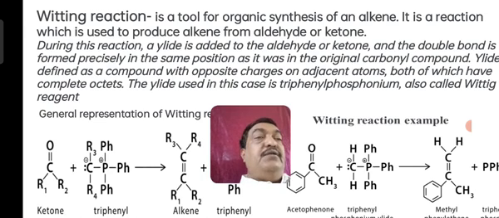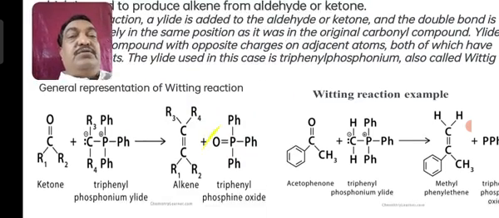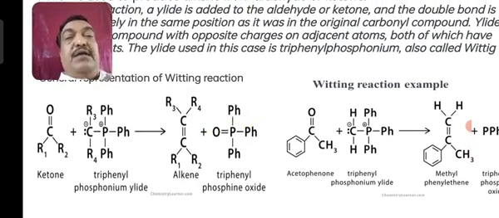Then what happens? The removal of oxygen leads to the formation of carbon-carbon double bonded compounds, alkenes. Both aldehydes and ketones undergo the same reaction. Now you can see R1-C double bond O-R2, a ketone, treated with a triphenyl phosphonium ylide.